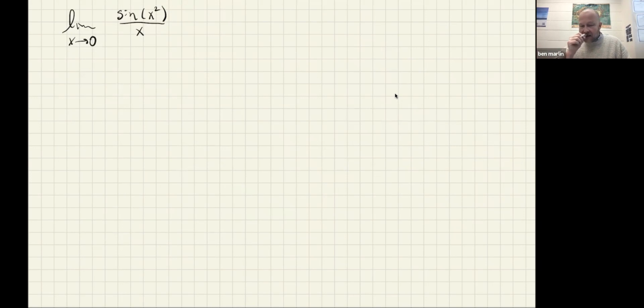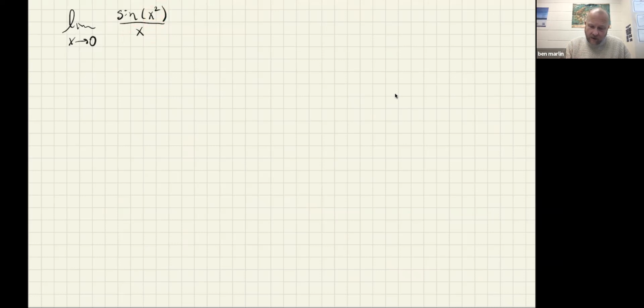But since they're not exactly the same, we need to try to multiply by something so that this will turn into the x squared. We cannot factor the x squared out and pull it out of the sine. If we could, I totally would.